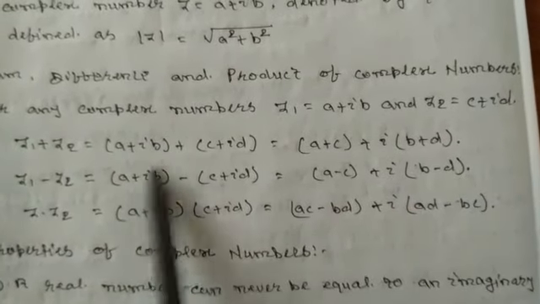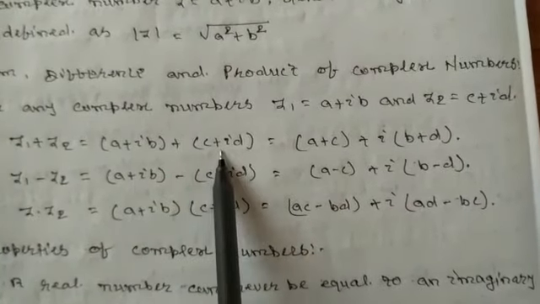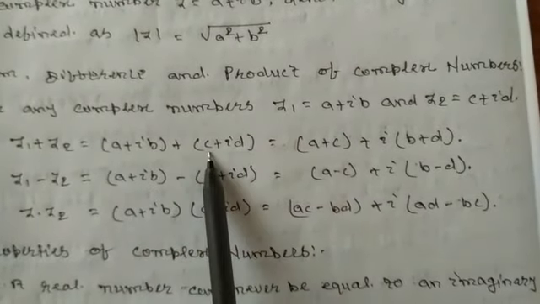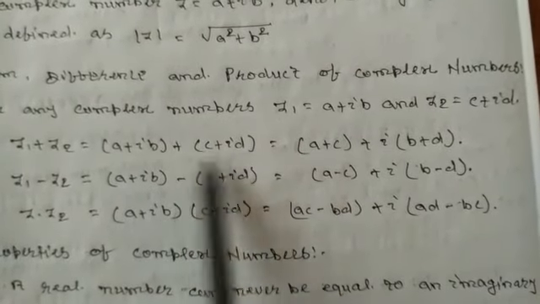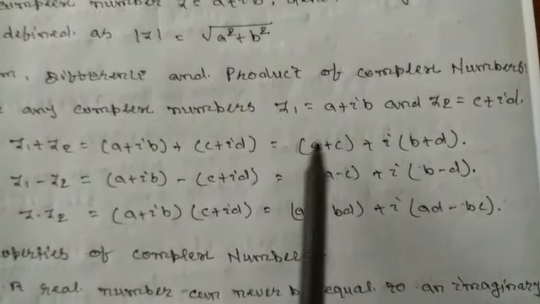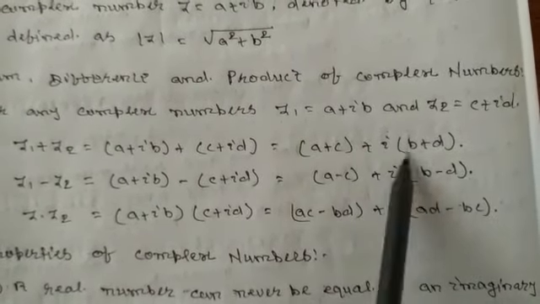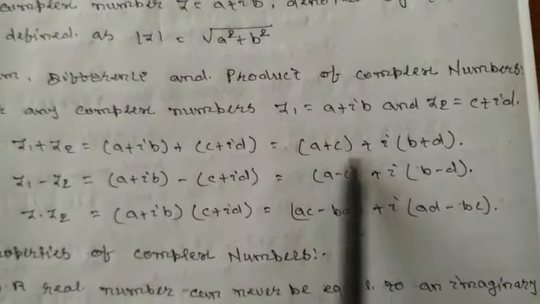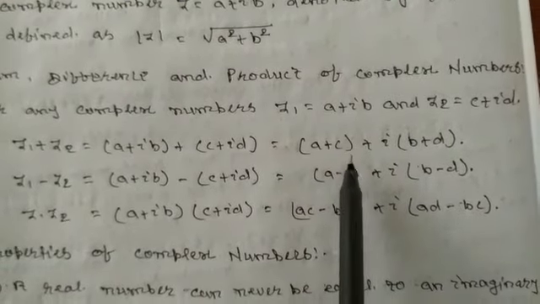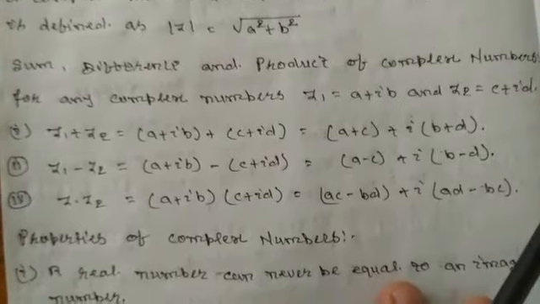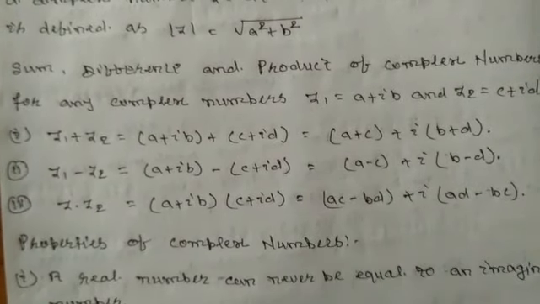It means that real part is added to real part and imaginary part to imaginary part. That is a plus c plus i into b plus d, which is itself a complex number. It means the sum of two complex numbers is a complex number. This is the closure property.